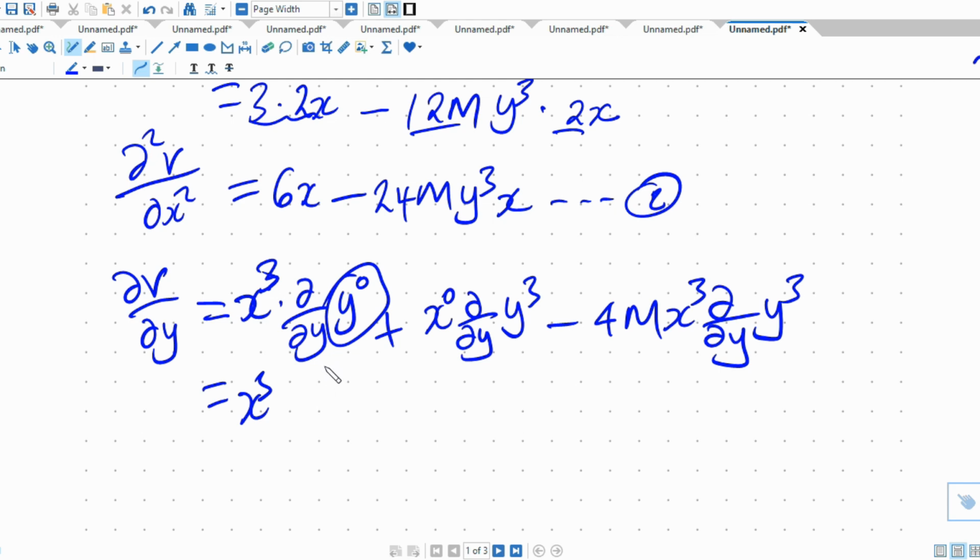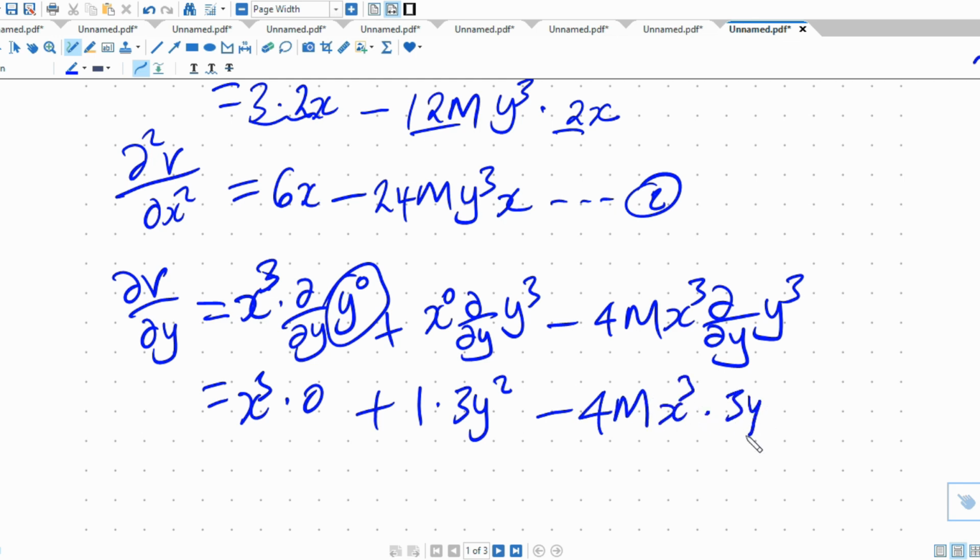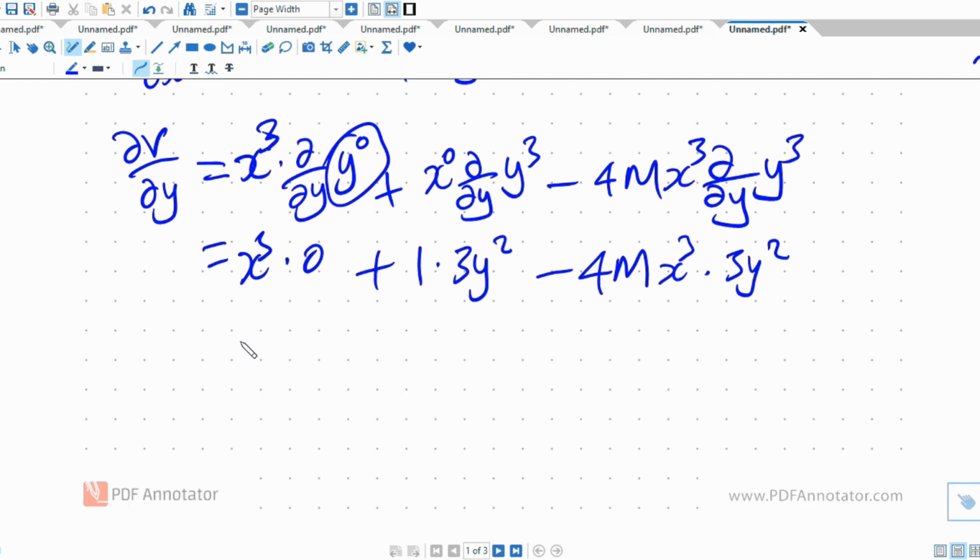power 0, you shall get a 0 because it is just like differentiating a constant, so we shall get a 0 there, and then plus x power 0 is 1 multiplied by this one is 3y squared, subtract 4m x cubed times 3y squared.